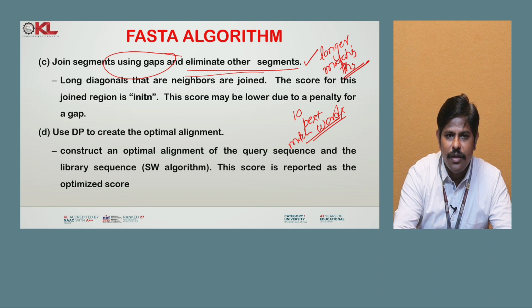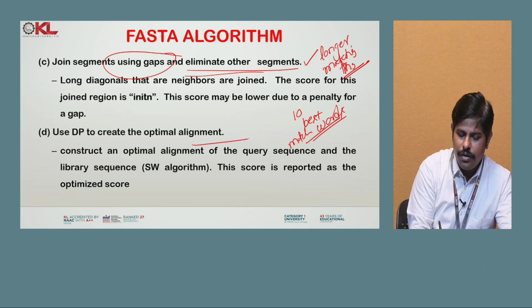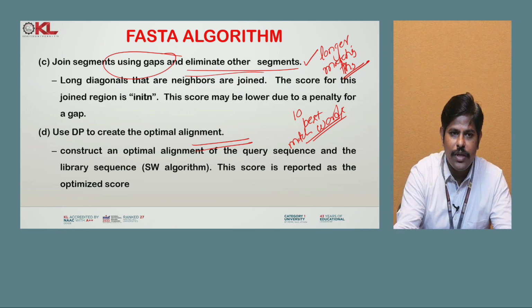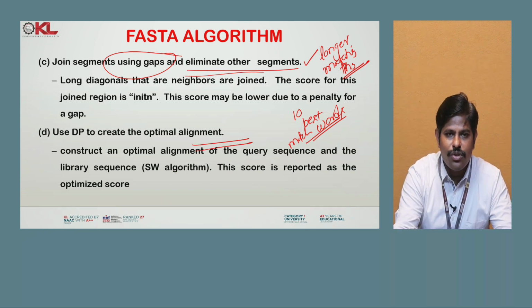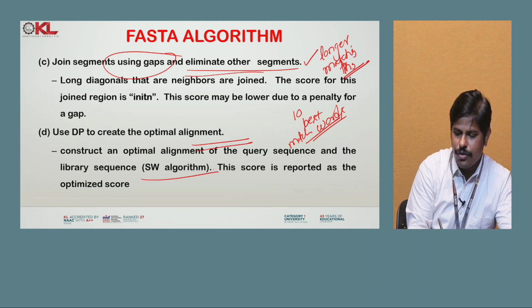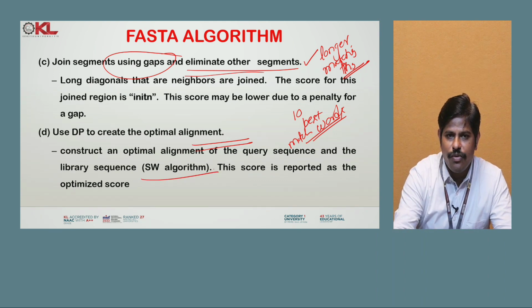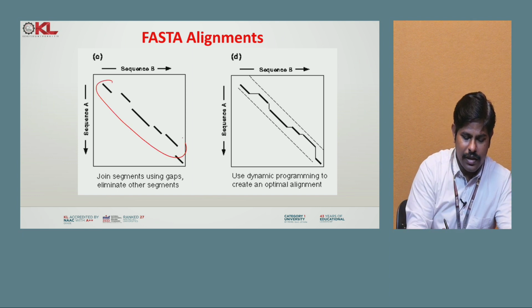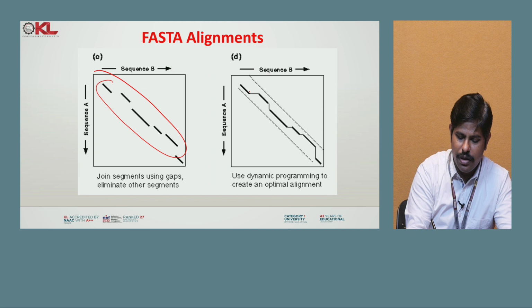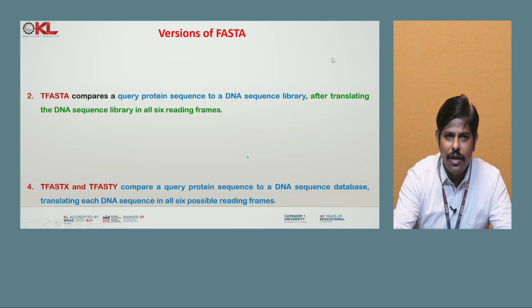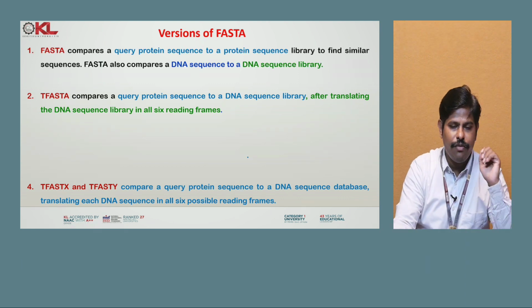Once this is done, you join them, and after joining you need to provide a score. The score can be created using the dynamic programming approach, the Smith-Waterman algorithm. So you pick up the 10 best matching words, join them and score them using the Smith-Waterman algorithm. This is the Fasta approach.